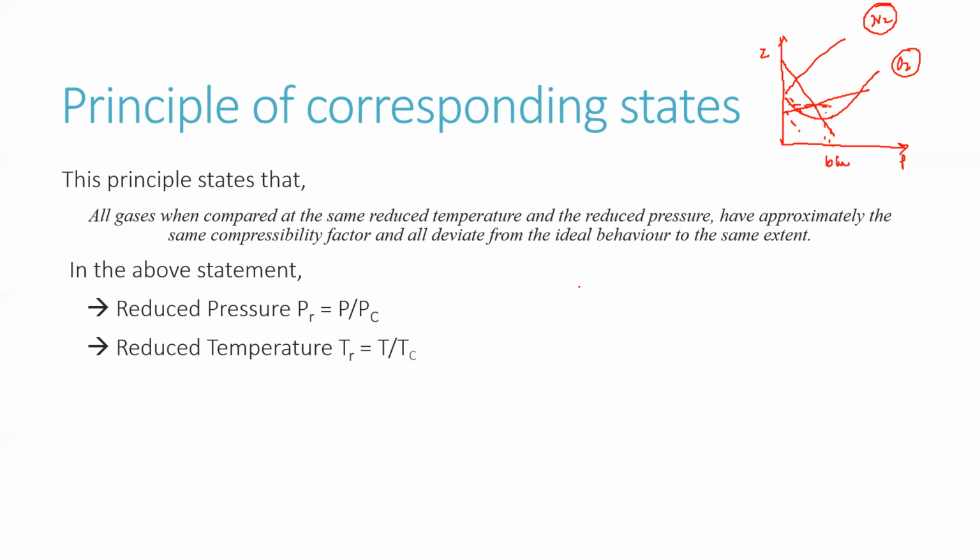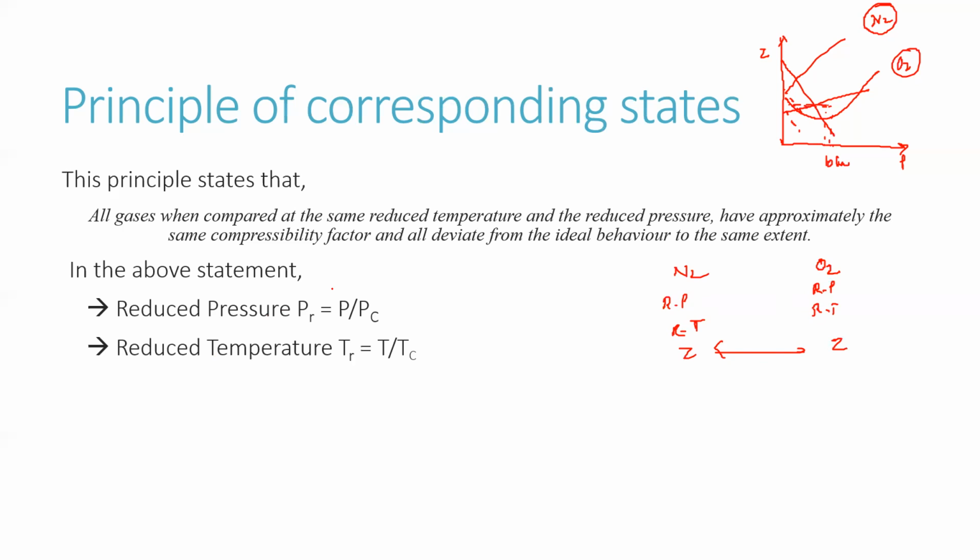That means that if a particular gas, say nitrogen, and another gas, oxygen, have the same reduced pressure and the same reduced temperature, then they'll have the same Z, the same compressibility factor, as well.